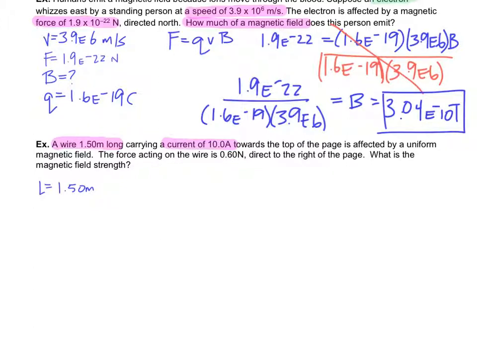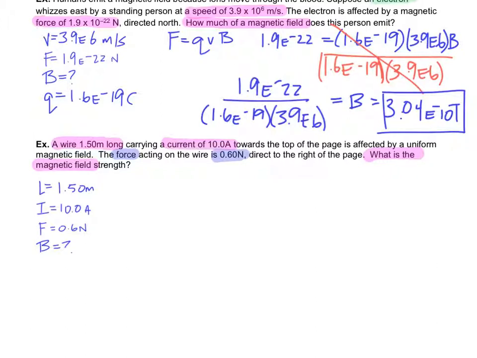So, telling me current, and we know that current is I. It's directed to the top of the page in a uniform magnetic field. The force acting on the wire is 0.6 newtons. So that is telling me the force. And then it's ultimately asking me, what is the magnetic field strength? So, in other words, I need to find the magnetic field, which is B.